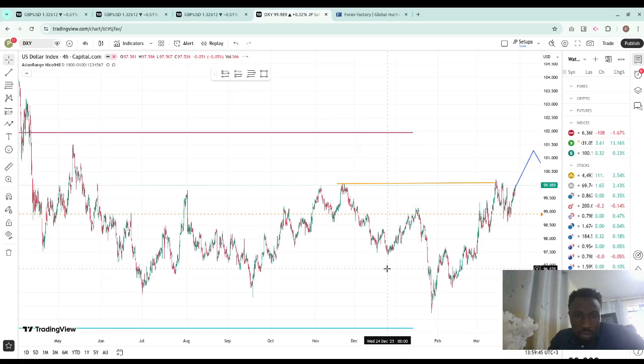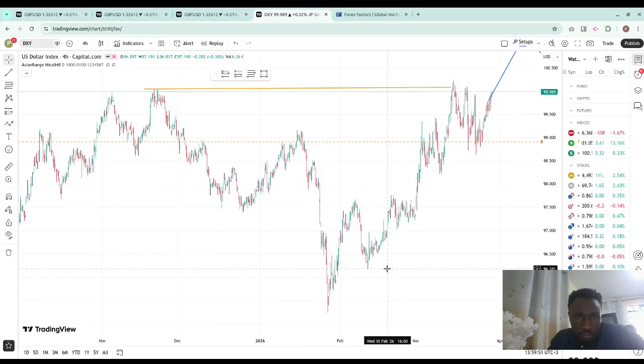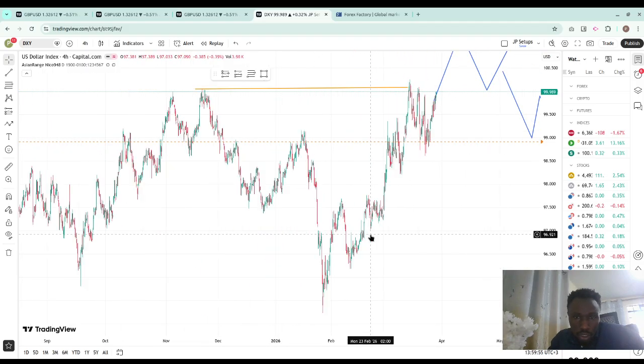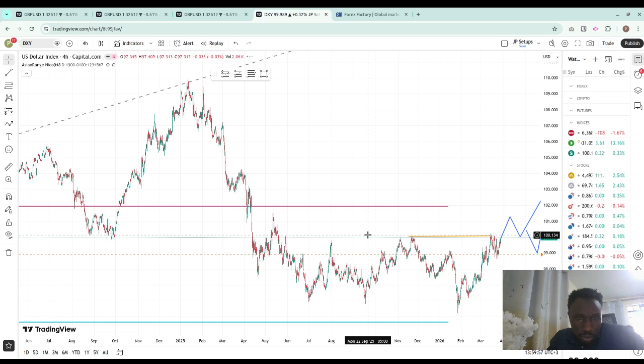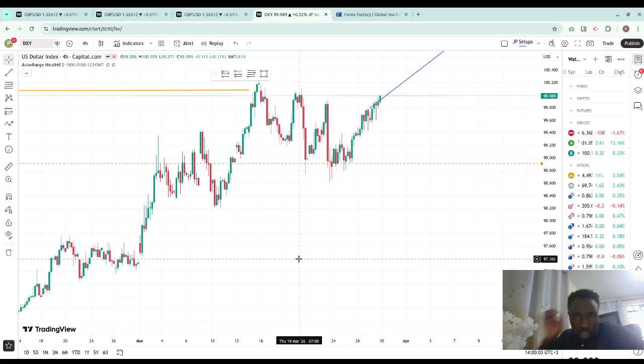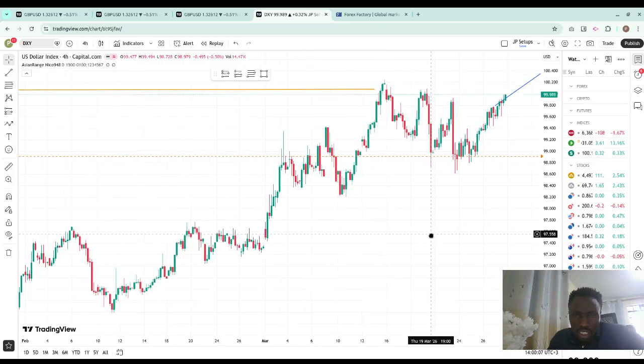If we come to the 4-hour, this is a zone to really watch and see what will happen, because there might be some short sales. So I'm not really interested in taking trades very fast.